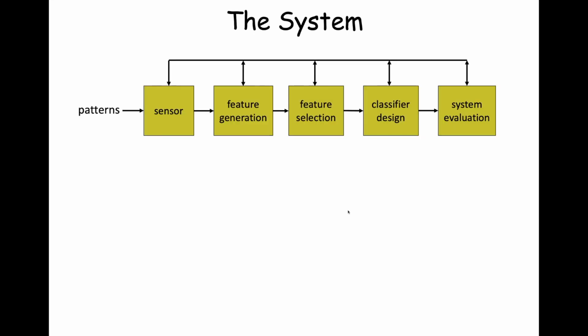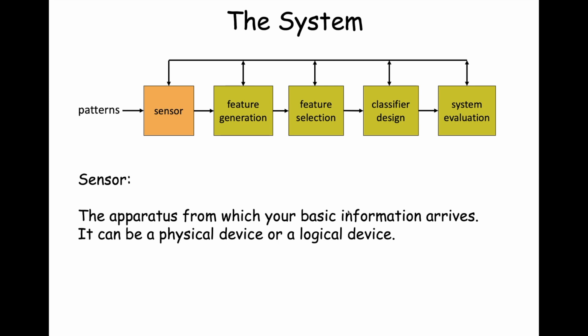Okay, so we've been talking about the end-to-end pattern recognition system, and last time we talked about the sensor component. The sensor is that apparatus, could be software, could be a physical device, that provides you the basic information that arrives, the so-called patterns that describe some object or phenomenon in the environment.